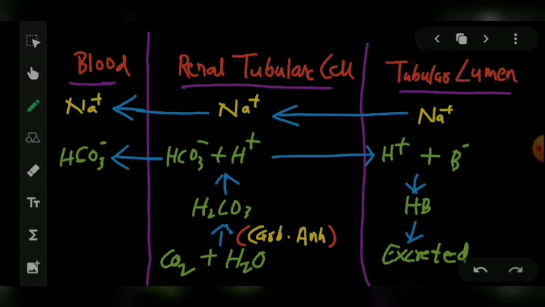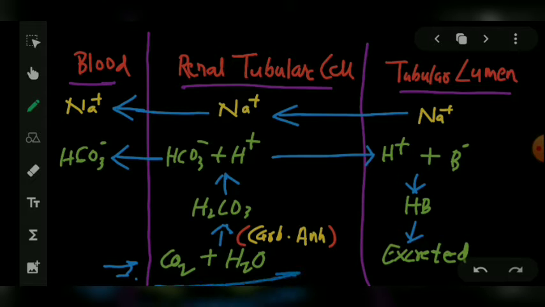The reaction starts here in the renal tubular cell, where CO2 combines with water in the presence of carbonic anhydrase and gives H2CO3. Now this H2CO3 dissociates into HCO3 minus and H plus, that is the bicarbonate ion and the hydrogen ion.